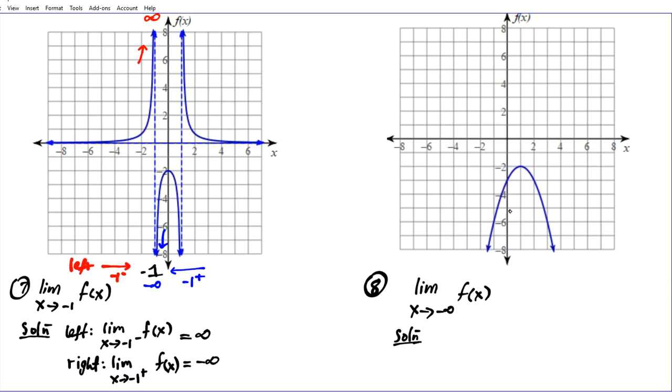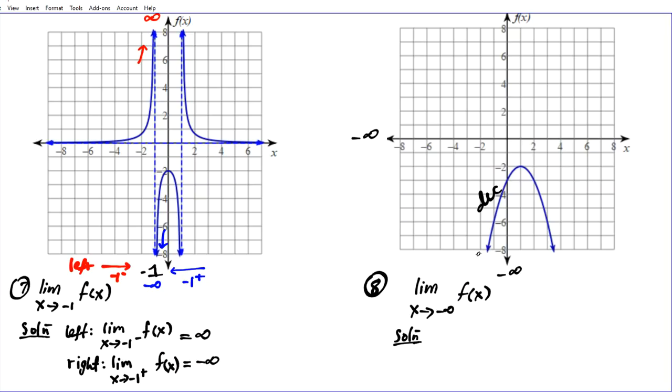Alright? So in this case, this is negative infinity right here. If the function is heading towards negative infinity to the left, what kind of behavior is the graph displaying? The graph is heading downwards. Downwards towards what? Negative infinity. To the left side, the graph is decreasing.